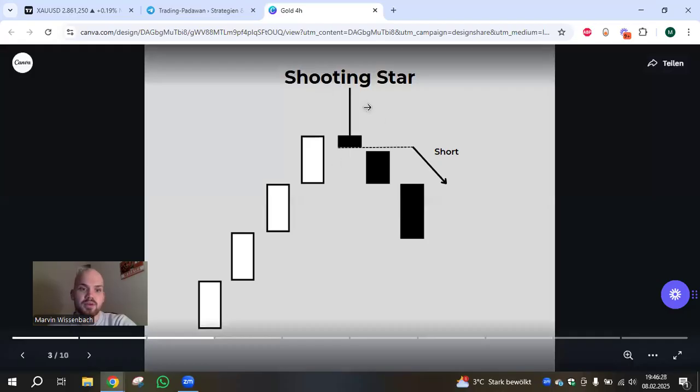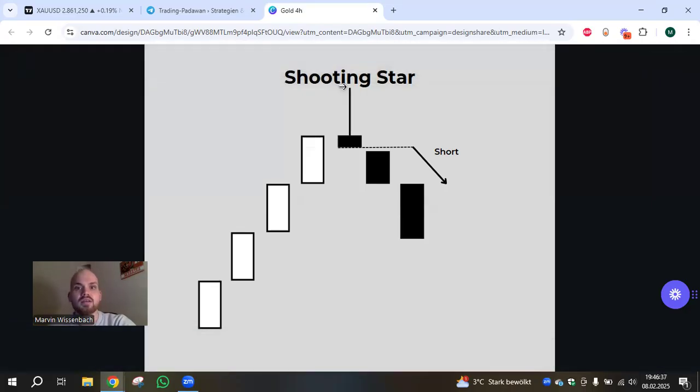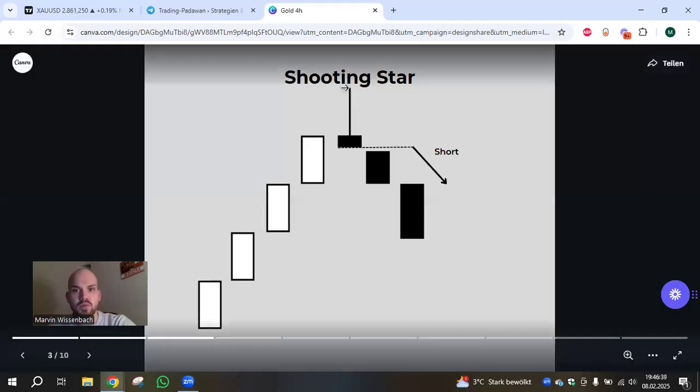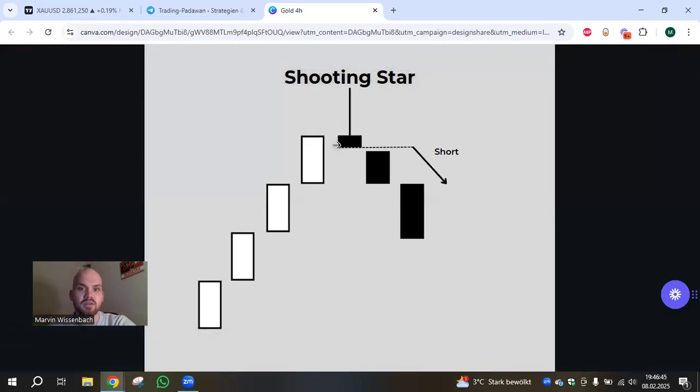But within the time frame of 4 hours, because we are in the 4-hour time frame, the selling pressure in this case was so large that the candle, even though it was this high in the market, still closed bearish, so in negative compared to the opening of the candle. And in this case, we are not waiting to hit a Fibonacci level. We are selling immediately. And the same goes for the bullish example.